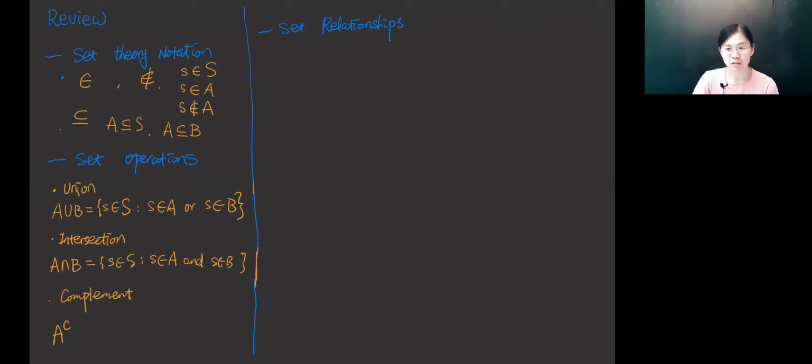The complement of an event A is the collection of outcomes in the sample space that are not in A.